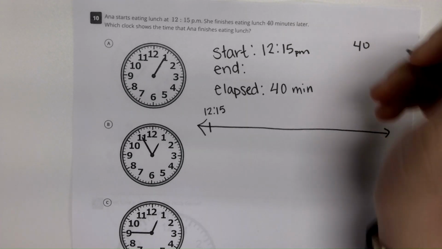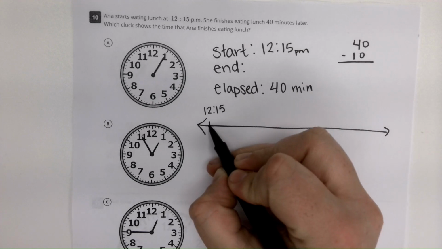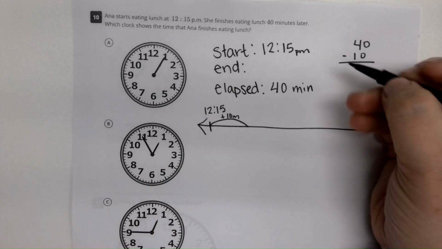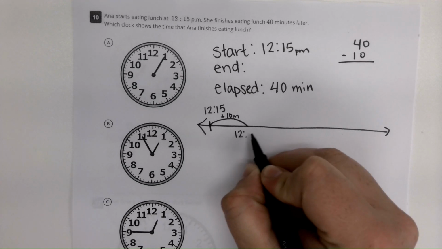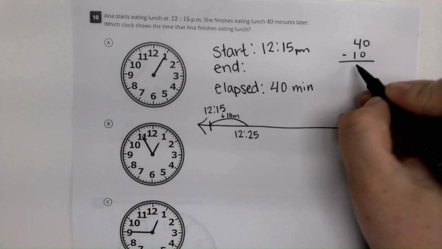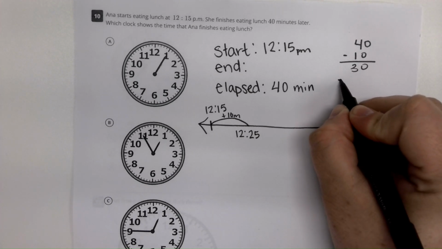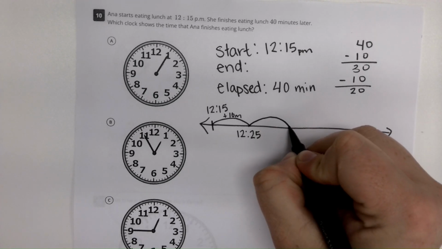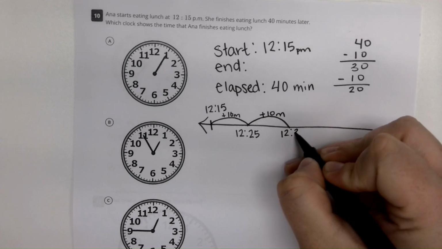I've recommended that kids keep a running tally over here of how much time they've gone so that they don't mess up in that regard. So 10 minutes after 12:15 would be 12:25. We have 30 minutes left. We're going to go another 10. That's going to be 20 minutes. Go that 10 minutes, and we're going to have 12:35.